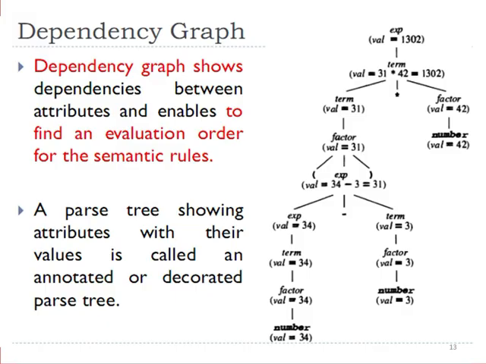Once you derive the given input string 34 minus 3 in brackets times 42, you can convert the derivation process into a parse tree.